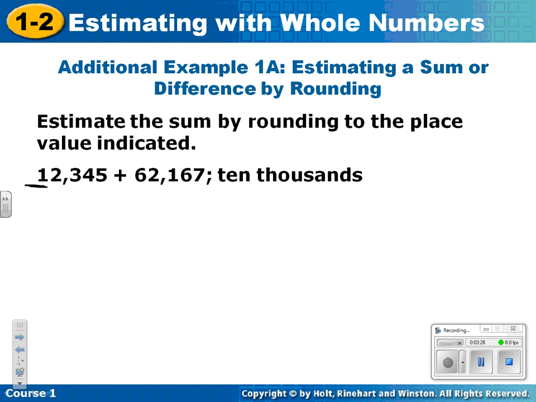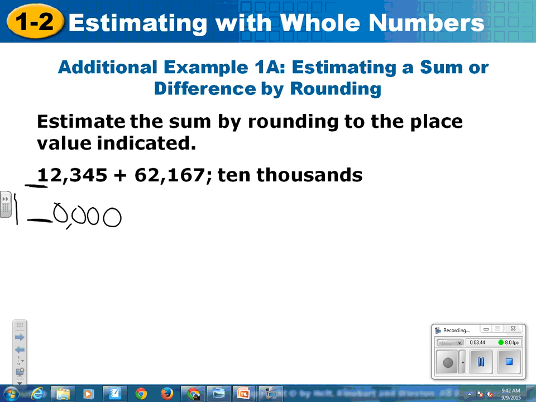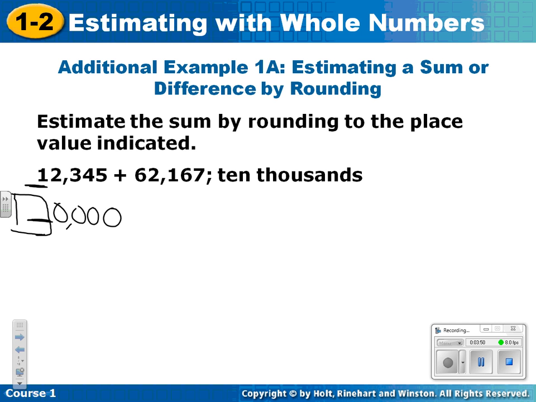A 0. So we are going to have a number here, and we're going to have a 0, a comma, 0, 0, 0. We just need to figure out what this number right here is going to be.